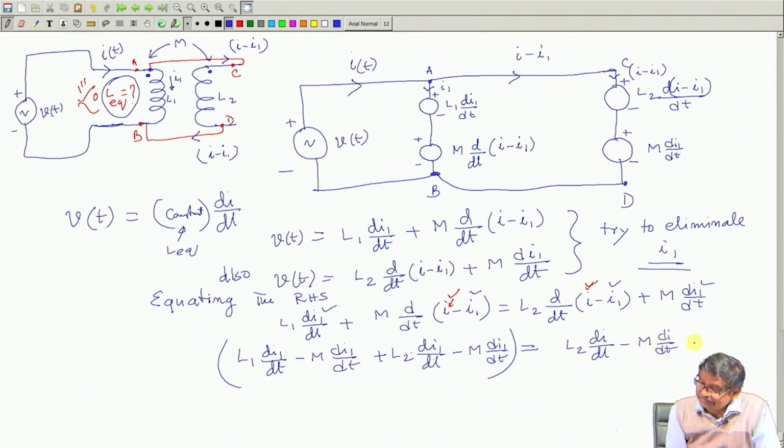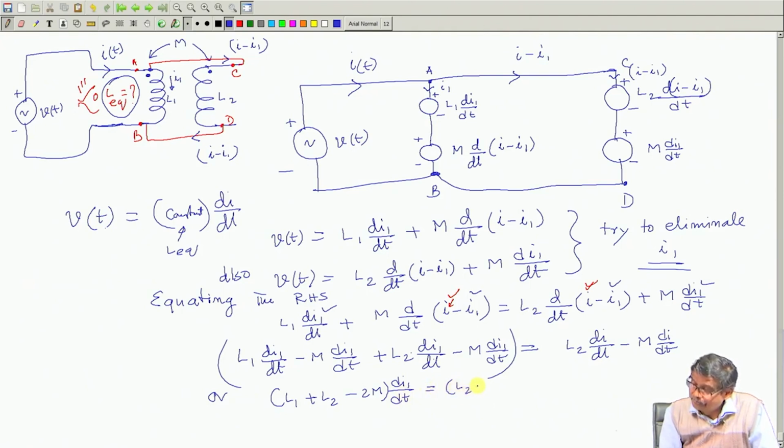This is the thing. So, I will write L 1 plus L 2 minus 2 m into d I 1 dt is equal to L 2 minus m d I dt.